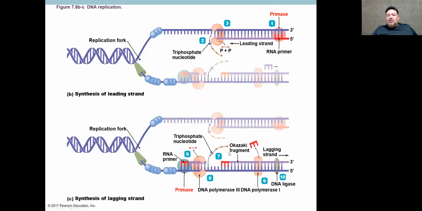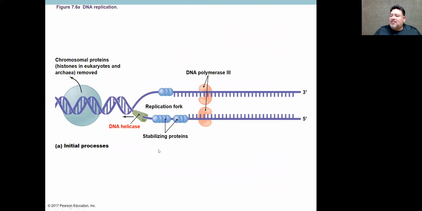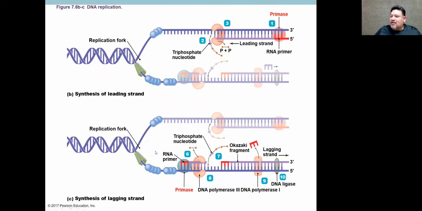Okay. So to recap, first to come in is DNA helicase, which causes a replication fork to open. Then you have these stabilizing proteins that keep the DNA separate. Then primase associates and makes an RNA primer. Then DNA polymerase 3 associates to the 3' end of the RNA primer.